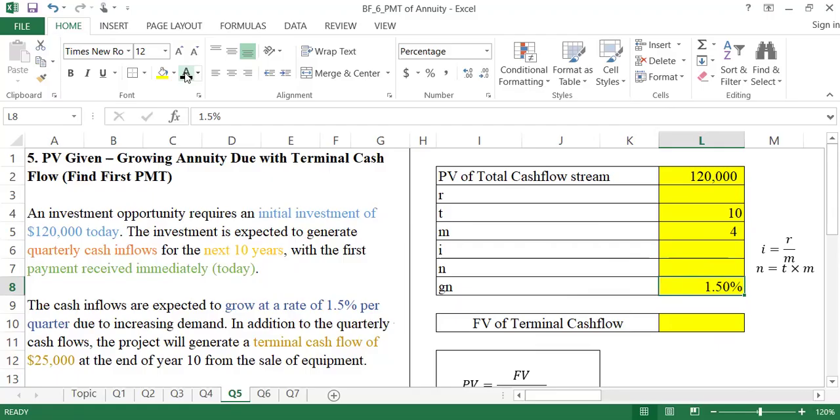In addition to the quarterly cash flow, the project will generate a terminal cash flow of 25,000. So we also know a terminal cash flow at the end of 10 years. This is an epic question because it has other compounding frequencies, it is a growing annuity, it has terminal cash flows.